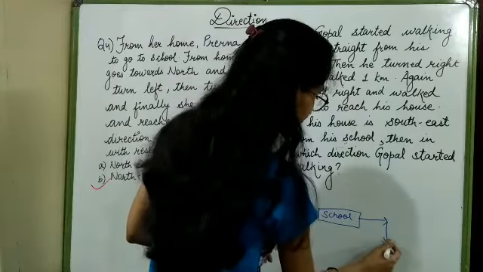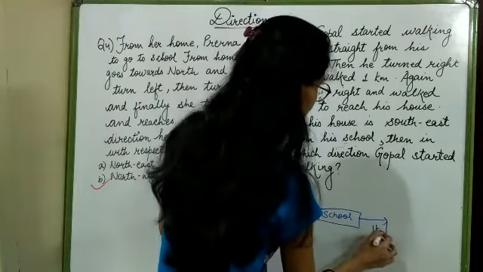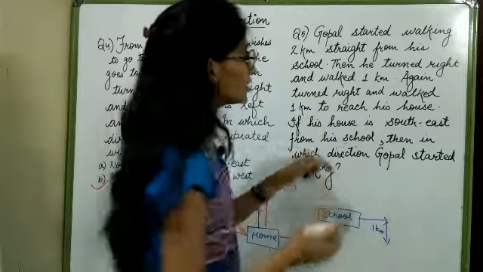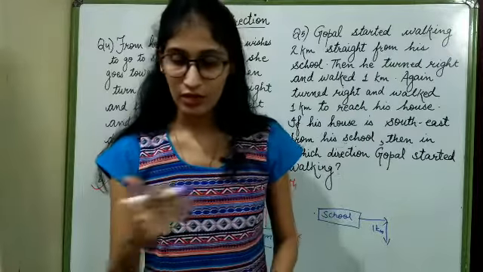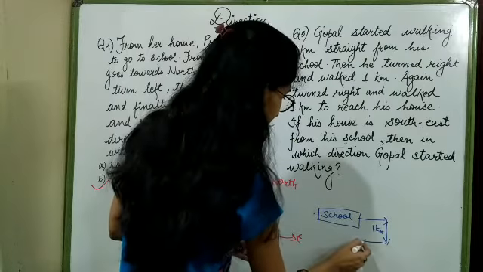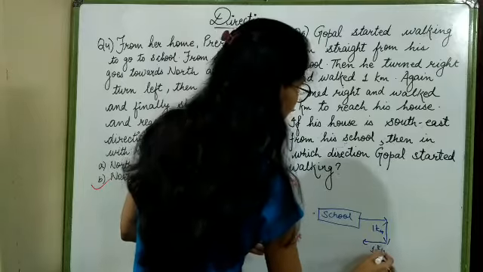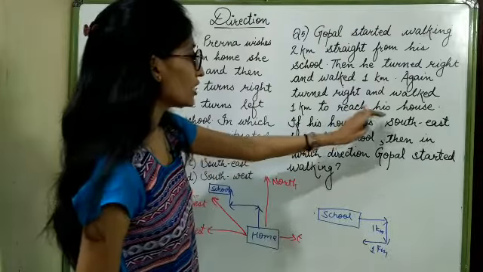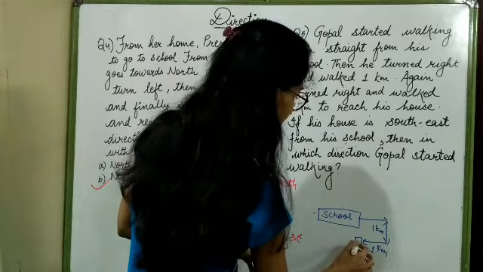And then turned right and walked 1 kilometer. Again, turned right and walked 1 kilometer. I am in this direction. Right will be this side. And again, turned right and walked 1 kilometer to reach his house. So this is where his house is.